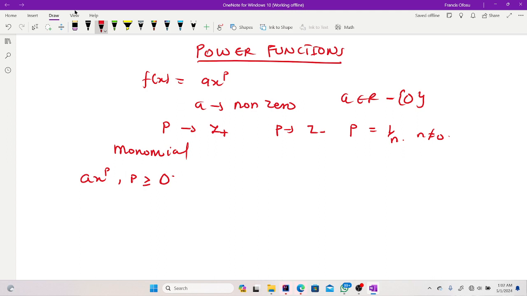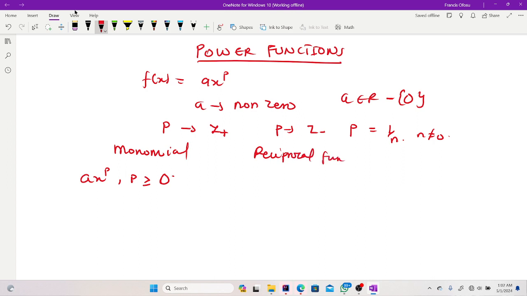And you can clearly see that a monomial is just a single unit of a polynomial. So if I have a series of these adding up, I'll get what we call a polynomial.